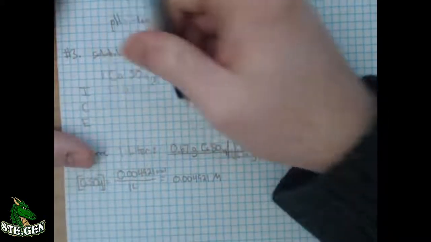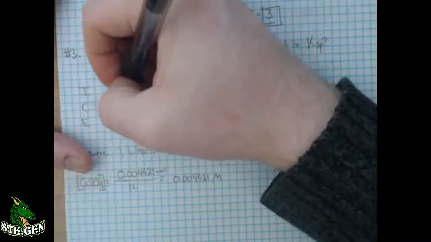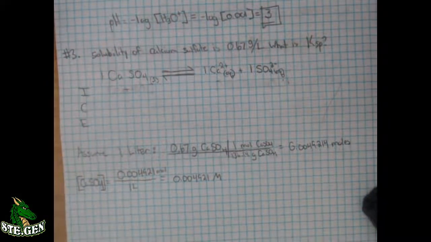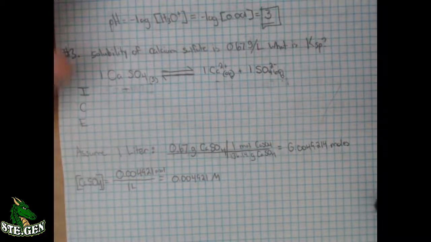I'm glad I caught myself this early. Otherwise, we would have run into some problems. If you remember, we don't actually count an initial concentration of CaSO4. I honestly wish I could do this as a second video, but I am 20 minutes into a video and I really don't want to have to redo one. So we're just going to go ahead and power through this.